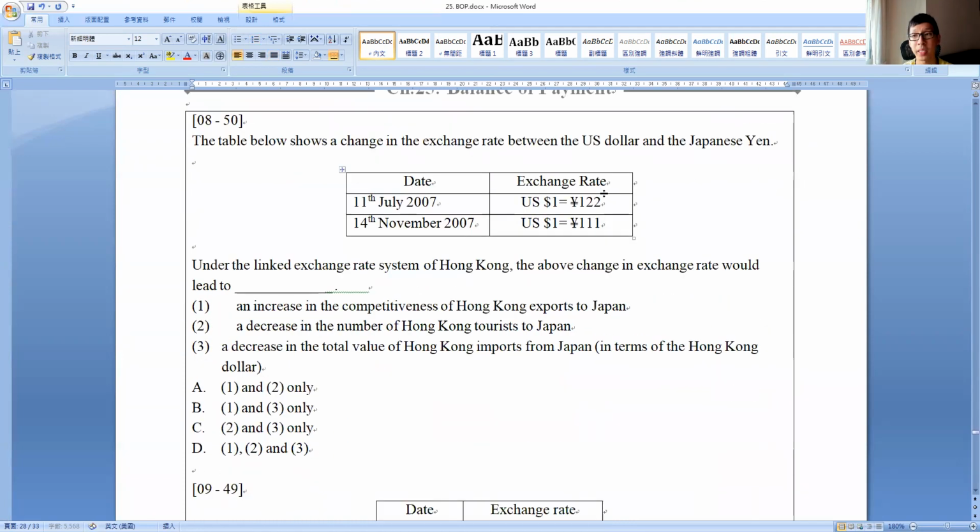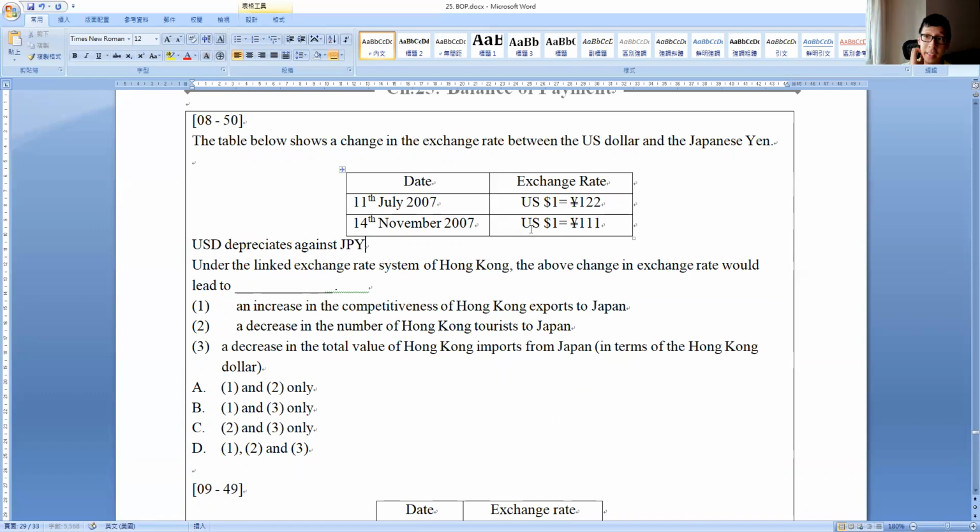Now 2008, question 50. Here, in this table, you will see that the US dollar would depreciate against the Japanese yen.